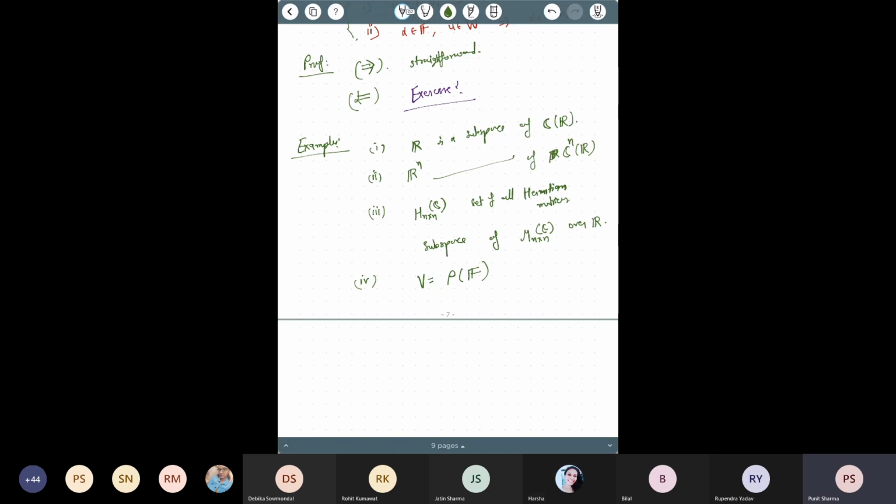Any other example? Polynomials of degree less than or equal to n.